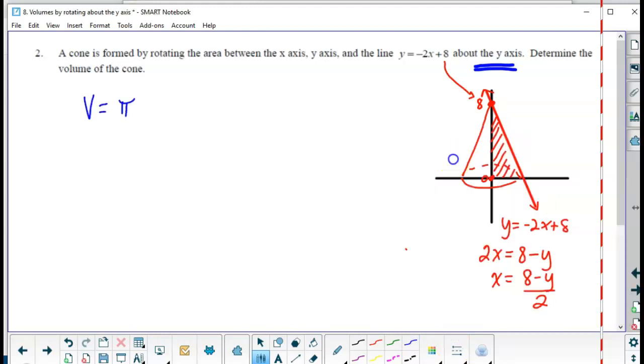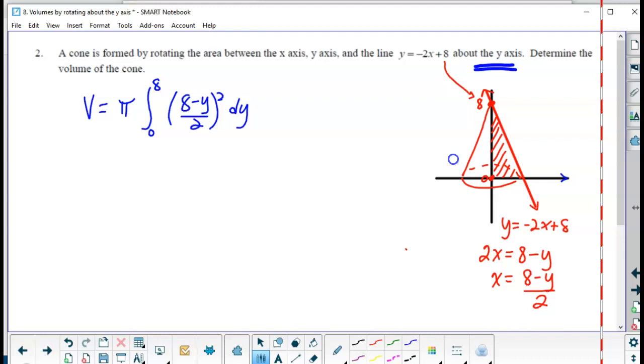All right, so we are going to calculate the volume. So it's pi times the function squared, in this case with respect to y. So (8 minus y over 2) squared dy, and for the y values from 0 to 8. Think about, again, taking this x-axis here, kind of flipping it over.